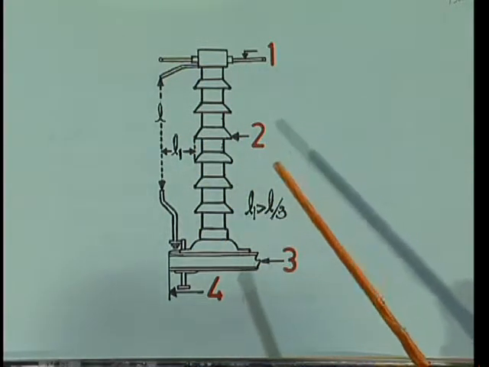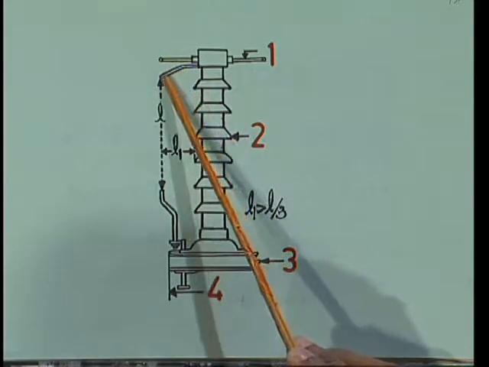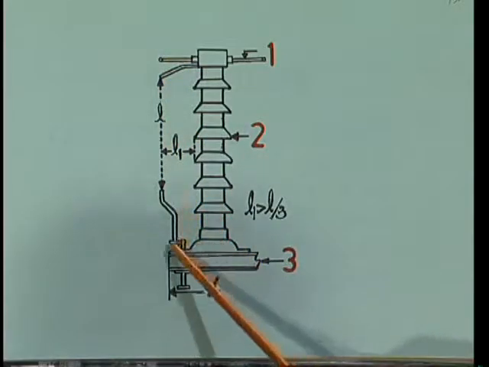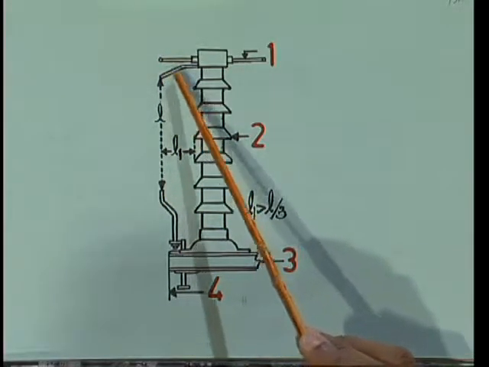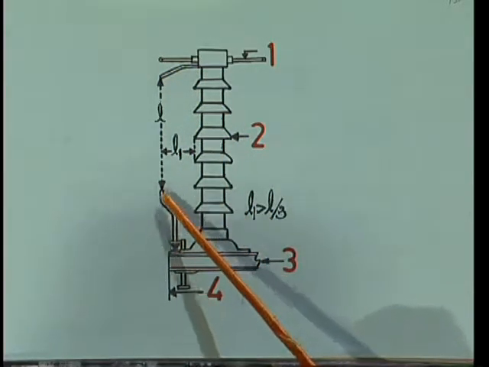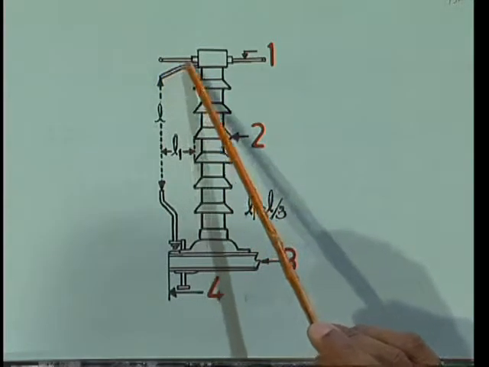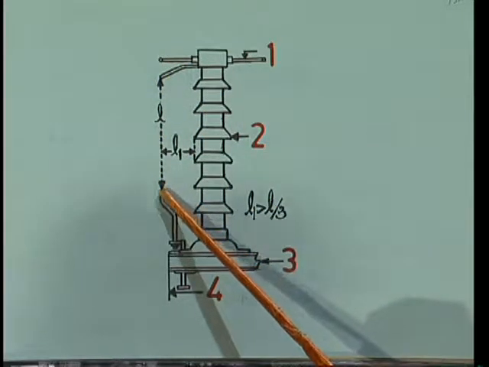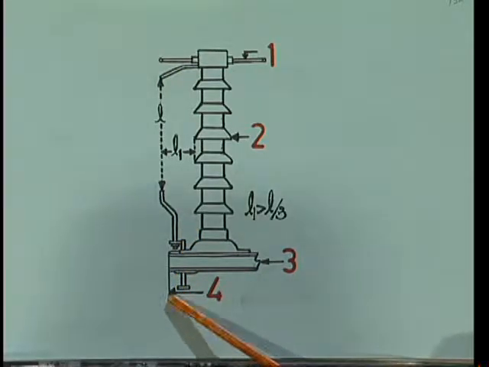The construction of the rod gap lightning arrestor is like this. There are two rods. These two rods are 1.5 mm in diameter and bent like this. One is connected to the line conductor and the other one is connected to the earth point through the earth conductor.